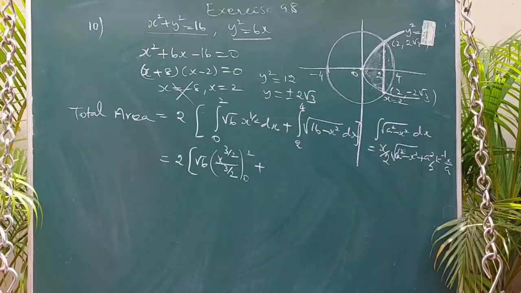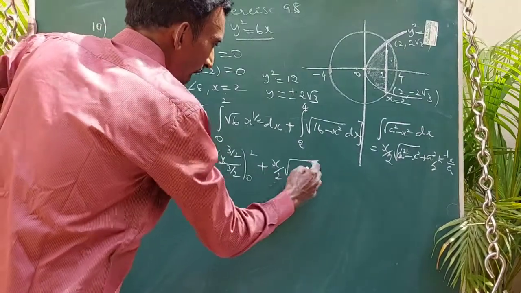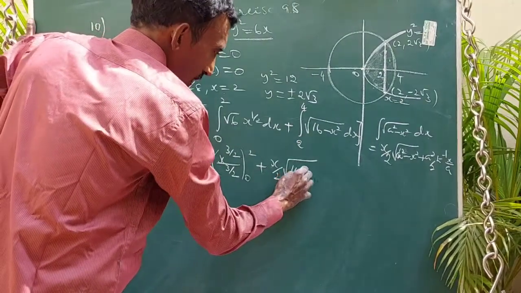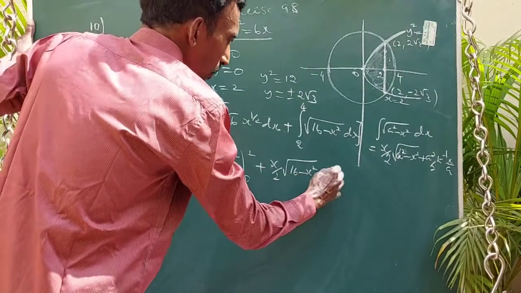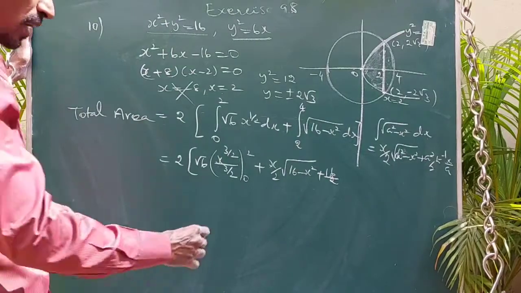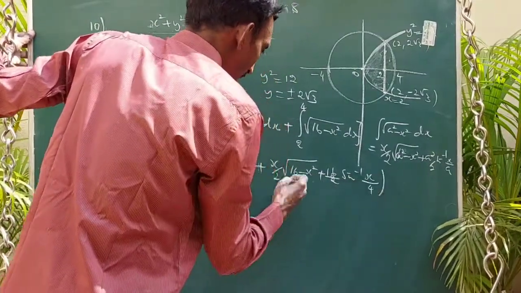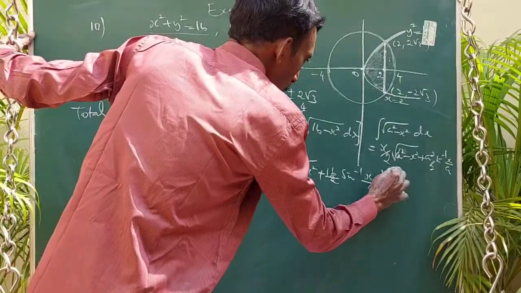So remember this formula. So x by 2 root of, here a is 4, so 16 minus x square, plus 16 by 2 sin inverse of x by 4, again with limit 2 to 4.